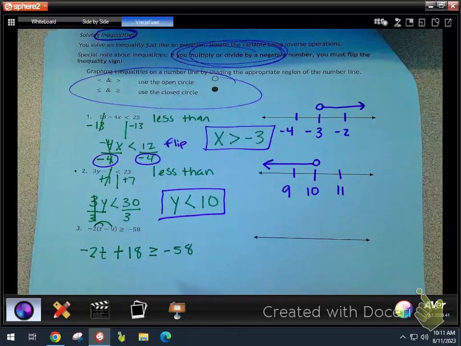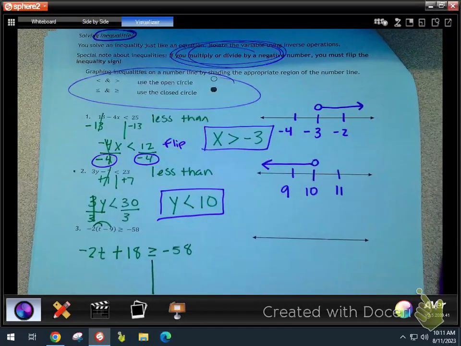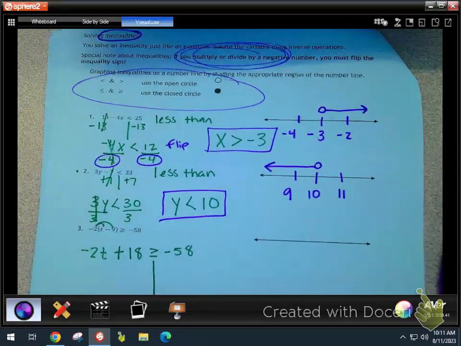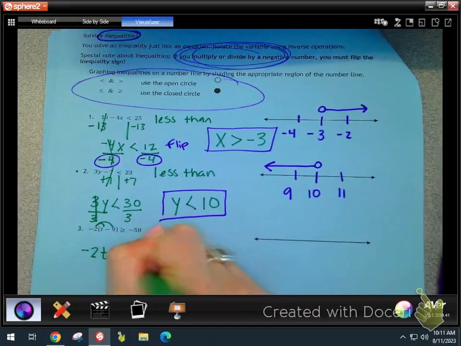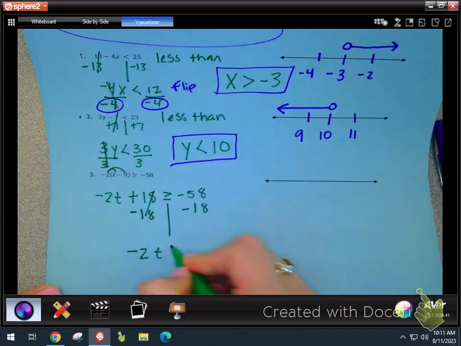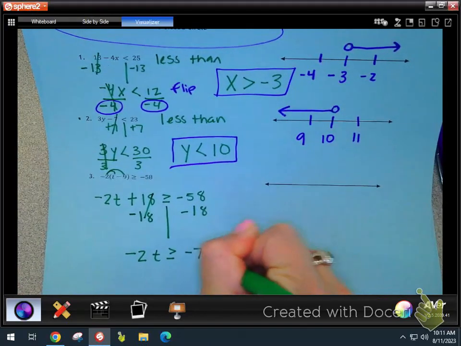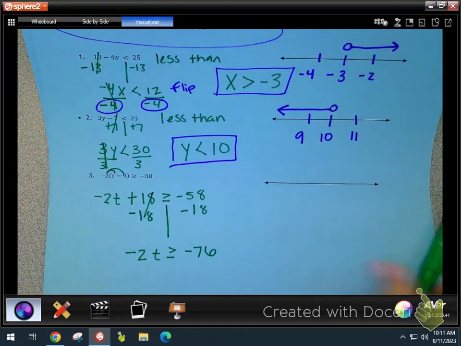All right, I'm going to start kind of working this one here. Guys, I want you to keep in mind with inequalities, it's the same steps as equals. You can draw your line. You move stuff by doing inverse operations. The only thing that you have to watch out for with an inequality is if you multiply or divide by a what?